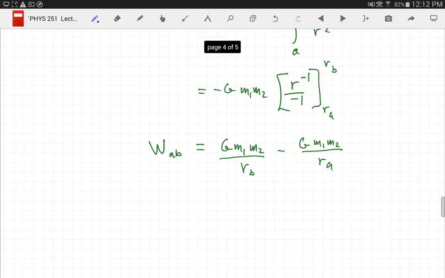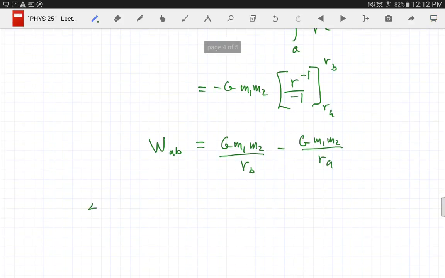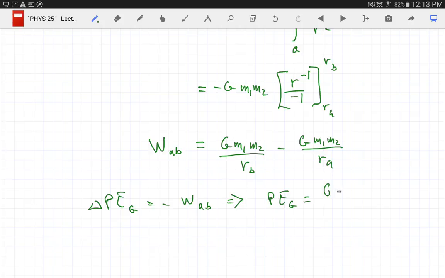So based on this, we can say change in potential energy due to gravity is minus work AB, and that gives us potential energy due to gravity equal to, well, it's got to have this form, G m1 m2 over r. This minus sign is going to put a minus sign here.